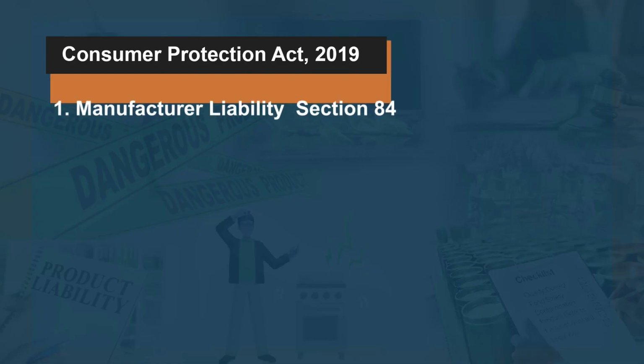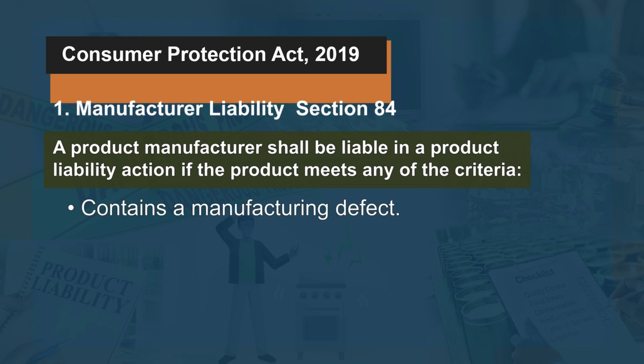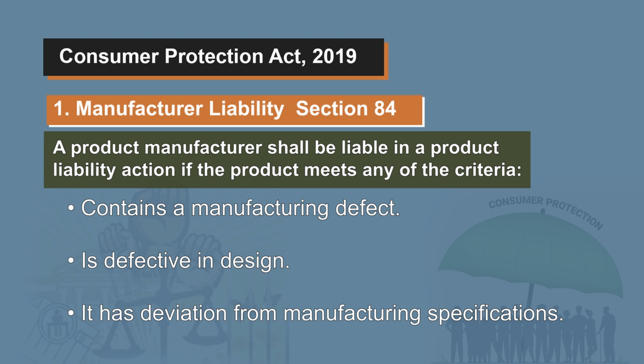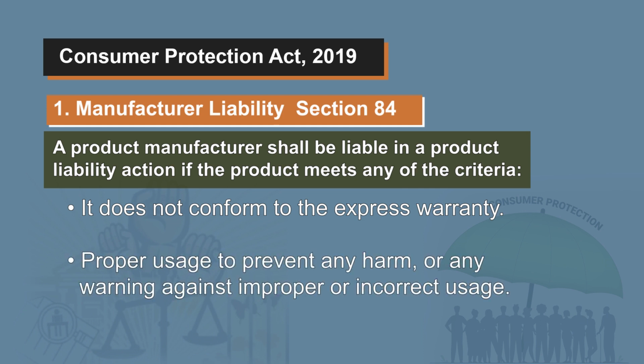The 2019 Act also sets out liability for different parties involved in selling a product as under. First, the manufacturer's liability. Section 84 of the Act provides that a product manufacturer shall be liable in a product liability action if the product meets any of the following criteria: containing a manufacturing defect, defective in design, it has deviation from manufacturing specifications, it does not conform to the express warranty, it does not contain appropriate instructions for proper usage to prevent any harm or any warning against improper or incorrect usage.